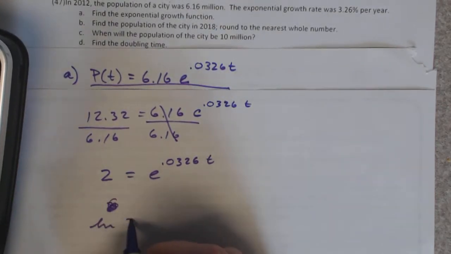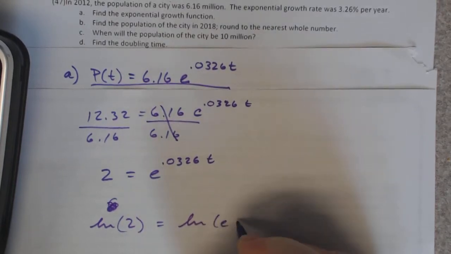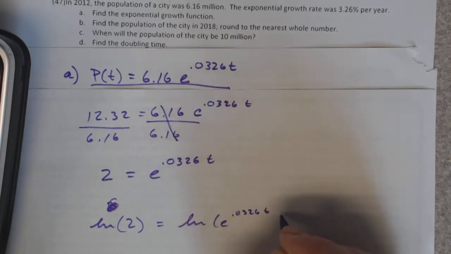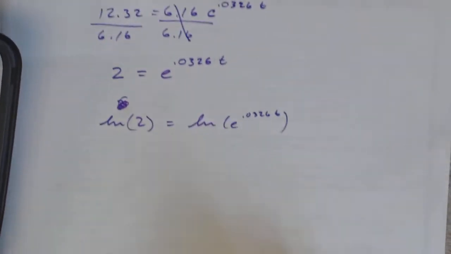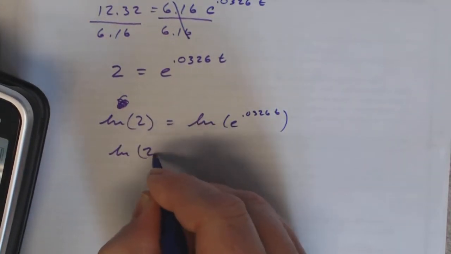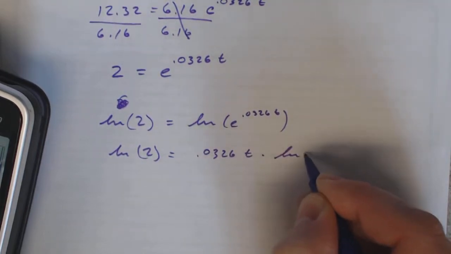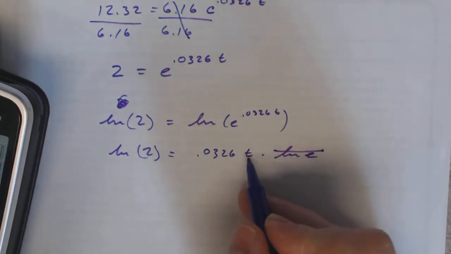We take the natural log of both sides, or rewrite it as a logarithmic equation. The property says if I have a logarithm, I can take that power and put it to the front. Now natural log of e cancels to 1, and 1 times anything is itself.